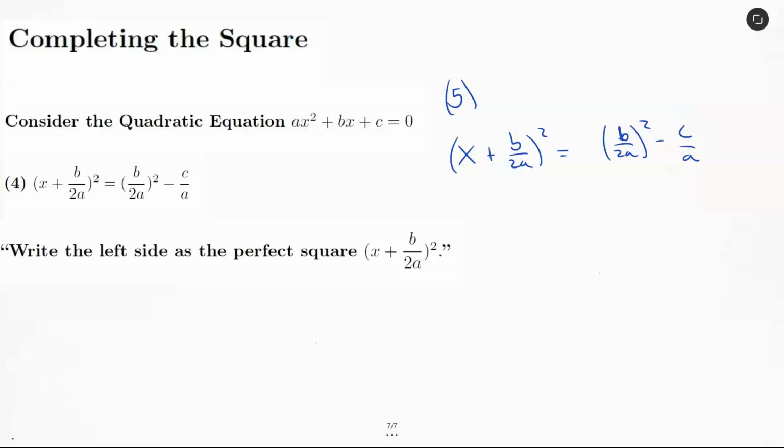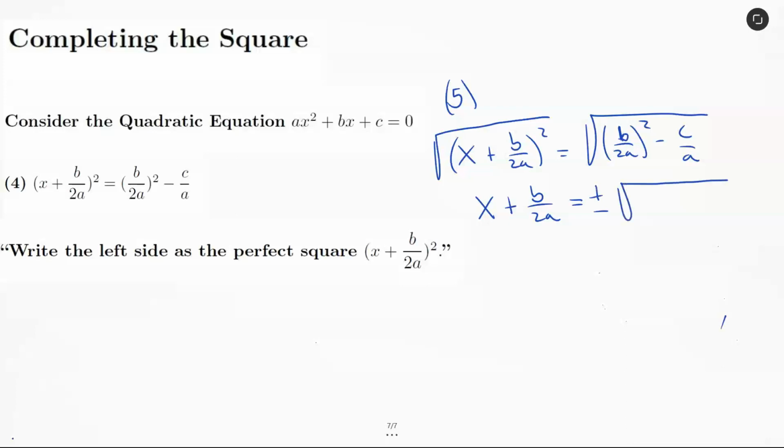So, take the square root of both sides. And what are we left with? We have x plus b over 2a. And we will say that's plus or minus, because remember, if you take the square root, that is plus or minus. It only goes on one side. Plus or minus on both sides wouldn't make any sense. So you just keep the plus or minus with the square root.